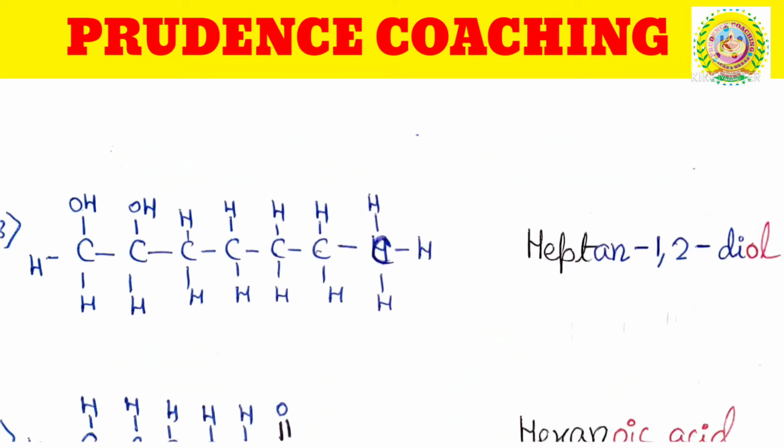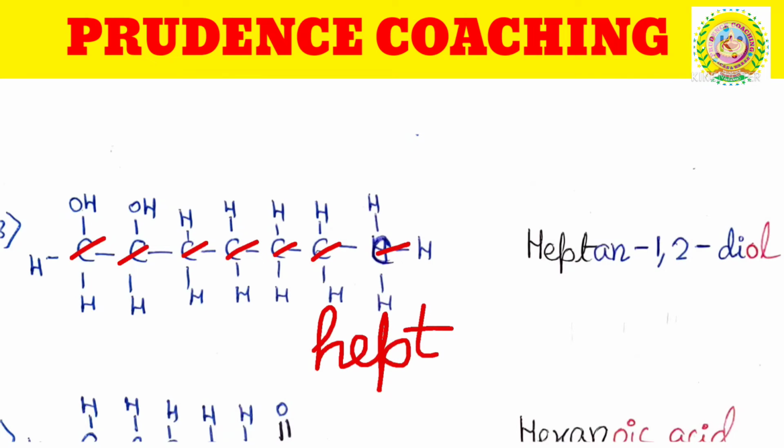So here, as you can see, we have 1, 2, 3, 4, 5, 6, 7. So 7 carbons, that means HEPT, hept. Now we have a functional group here and here. This is the functional group of alcohol, and according to the functional group of alcohol, you need to remove E and write OL.